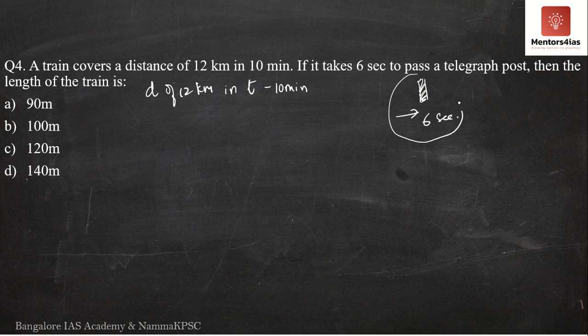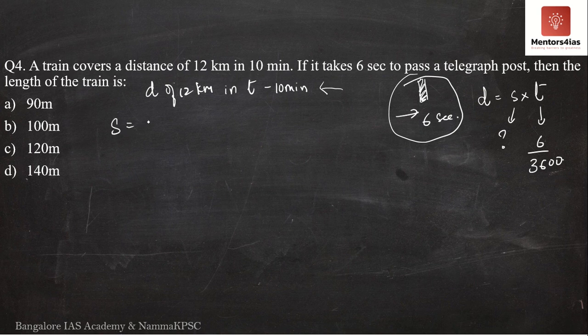Now you know how to find the length of the train. We consider the length of the train as nothing but distance itself. Distance is equal to the speed of the train into the time taken to cross this telegraph post. Speed we don't know, time is 6 divided by 3600. In order to determine the speed of the train, that is why we have this extra information. The question also mentions that the train covers a distance of 12 kilometers in 10 minutes.